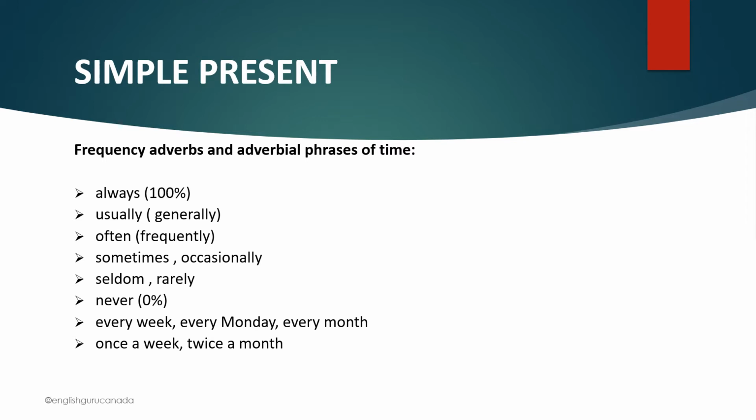Now, seldom and rarely means something which is about, I could say, 5 to 10%, and then never is 0%. We also have other phrases of time like every week, every Monday, every month, once a week, twice a month, and so on. We could also say every year.